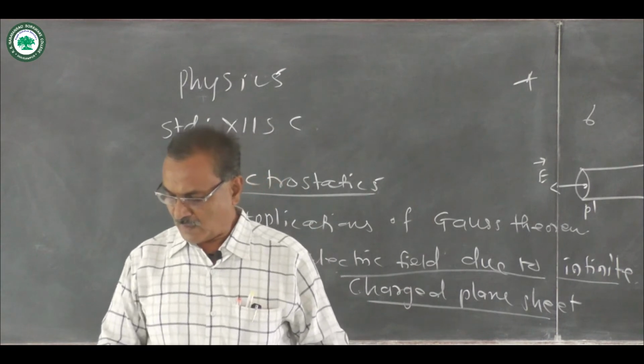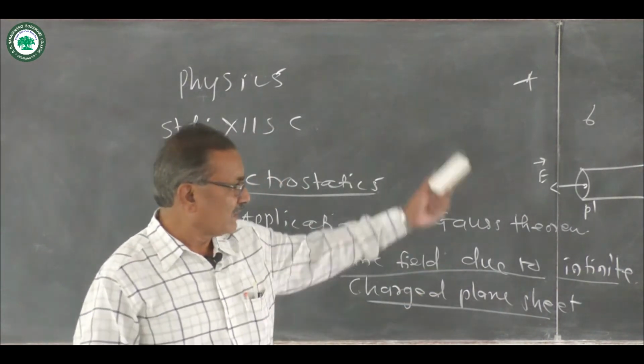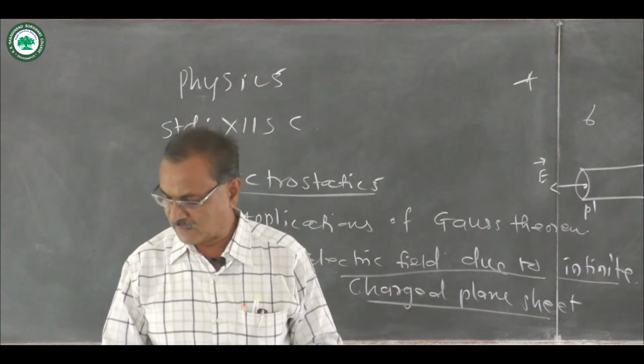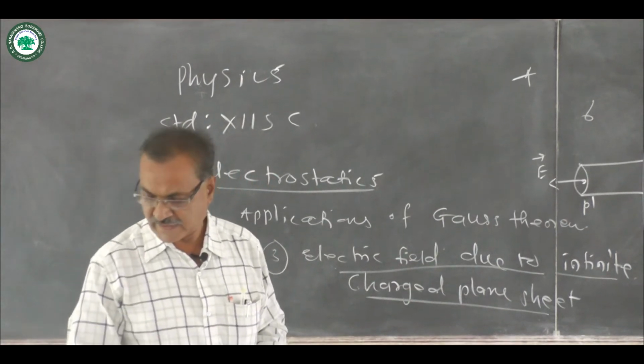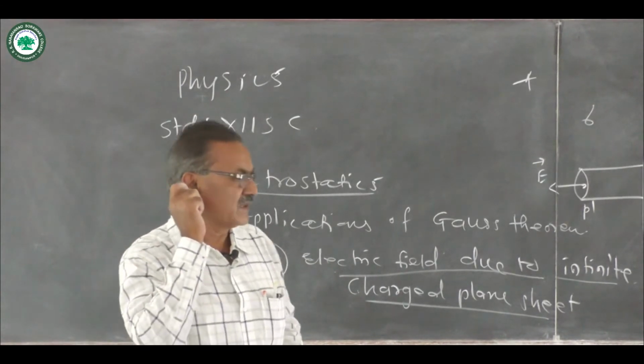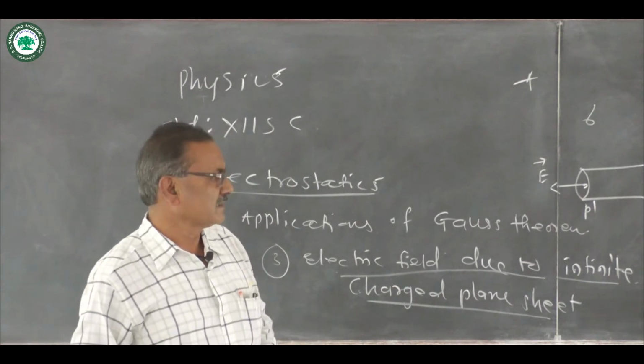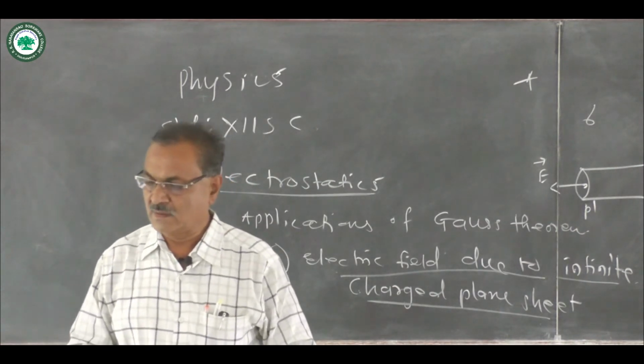Now the plane sheet passes through the middle of the length of the cylinder such that the ends of the cylinder are equidistant from the sheet.